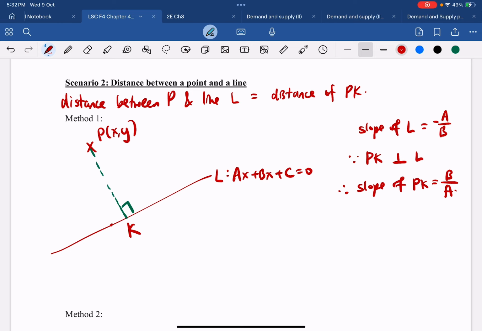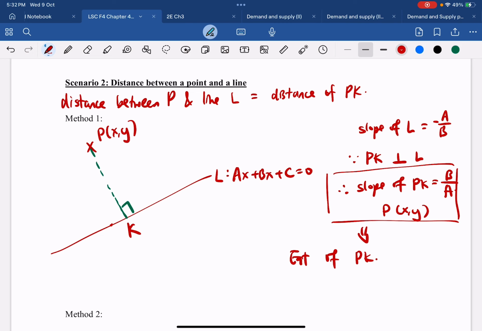And we also have P, this point, which is (x, y). So theoretically, we can use the point slope form to find the equation of PK, right? We have the equation of PK theoretically.